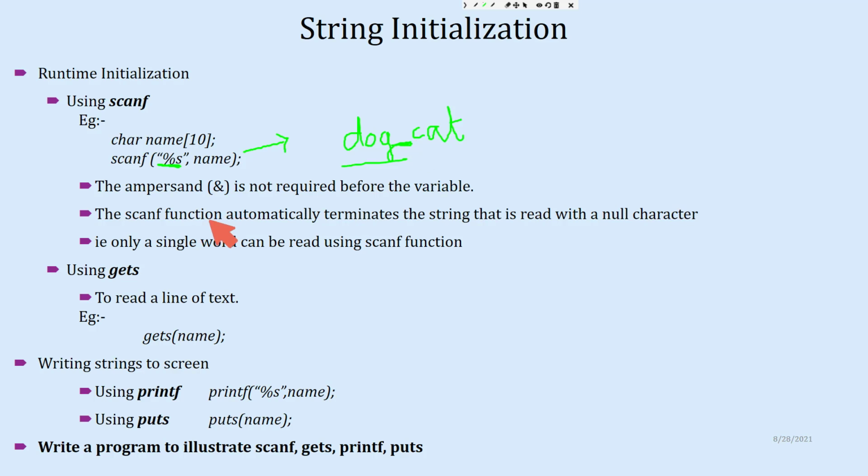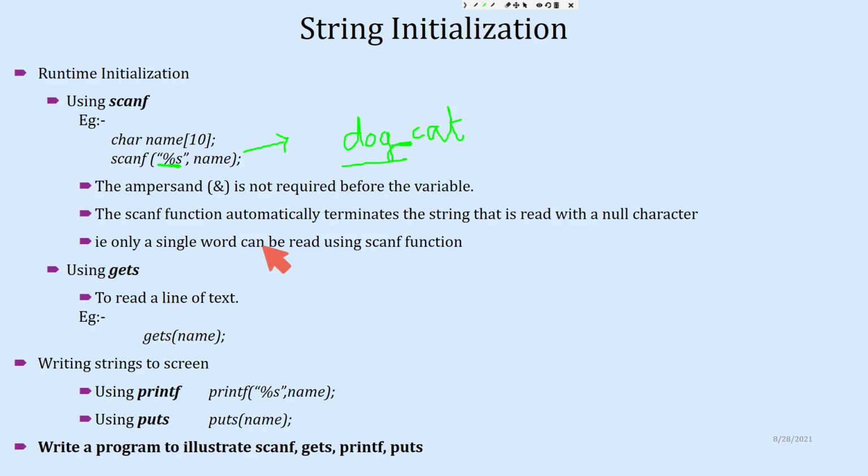The scanf function automatically terminates the string that is read with a null character. So again I am saying, if I am using scanf and entering some string like dog space cat, it will only store dog because the space will be considered as a terminating symbol.